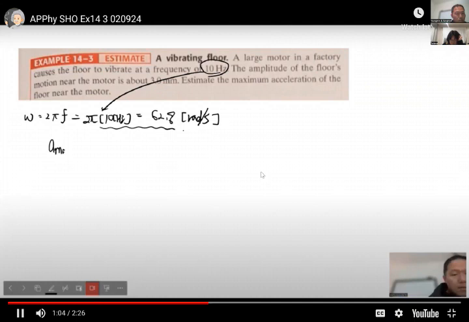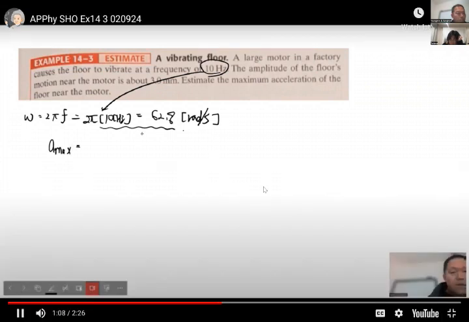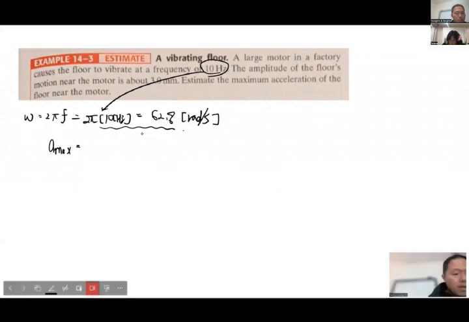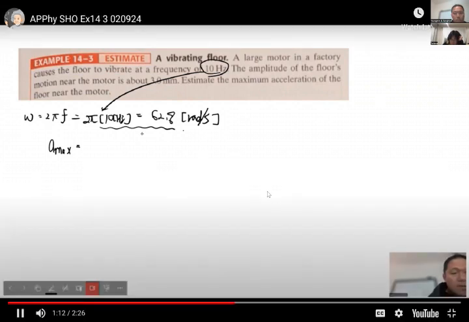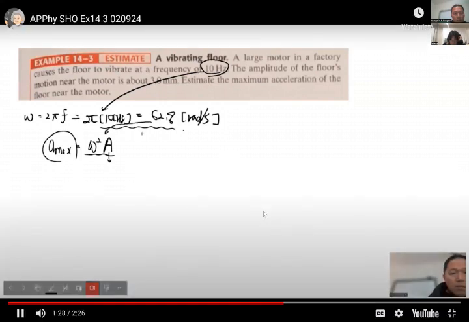And now from that, you can estimate the maximum amplitude of acceleration. So you remember that acceleration is omega squared times amplitude A. This A is the maximum magnitude of the displacement of the simple harmonic oscillator, and this is omega we just got from the first question.